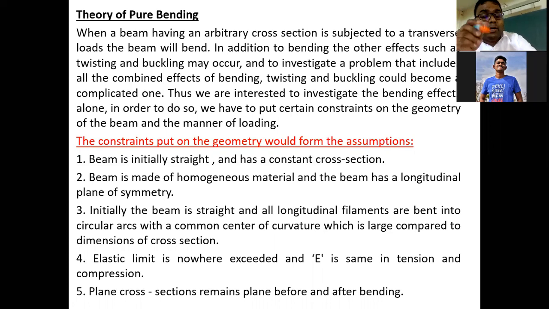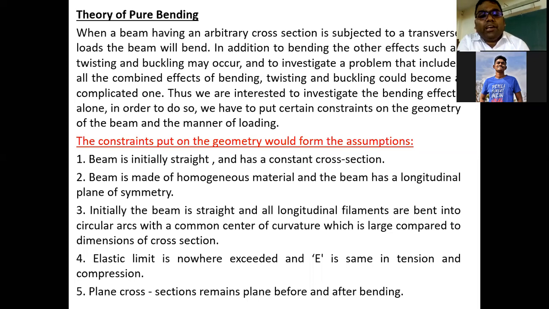But to derive the pure bending equation, we only consider the bending effect on the beam, not other effects. Otherwise the problem becomes more complicated and we are not able to derive the equation. So we are interested in investigating the bending effect alone.